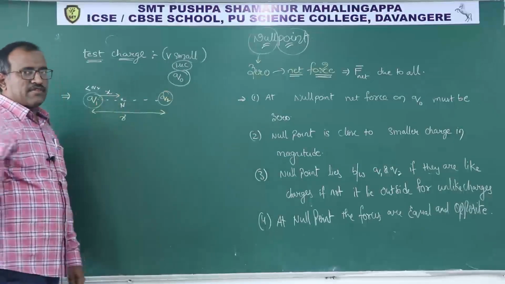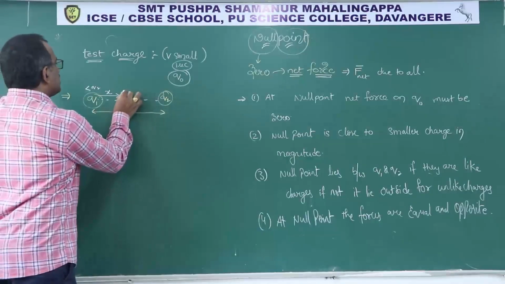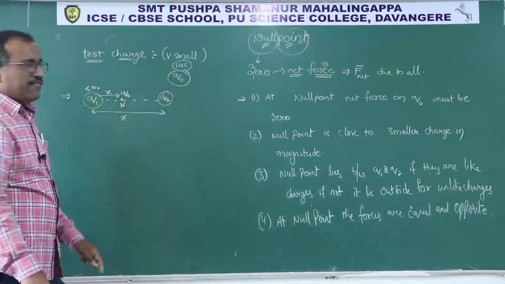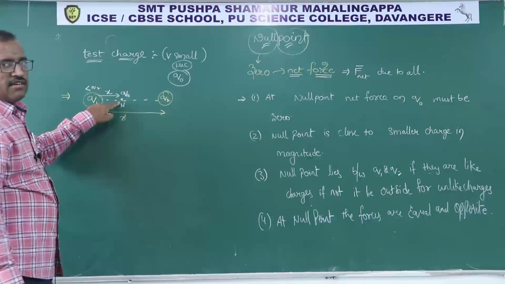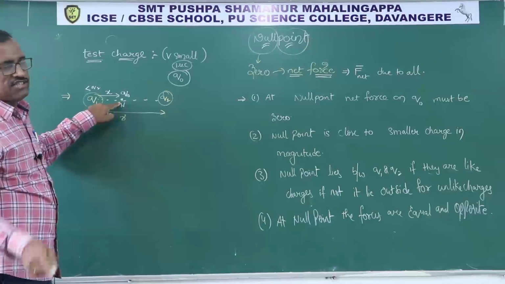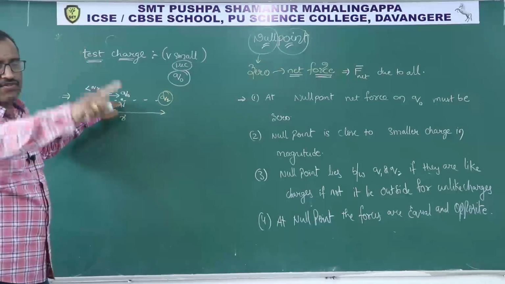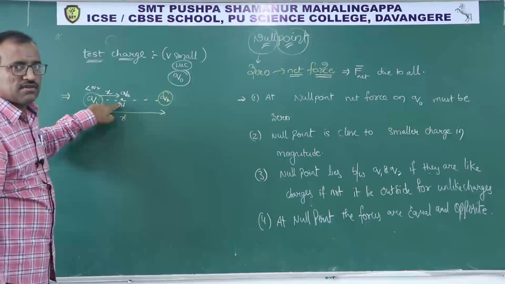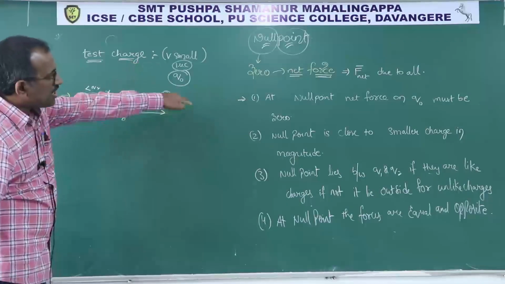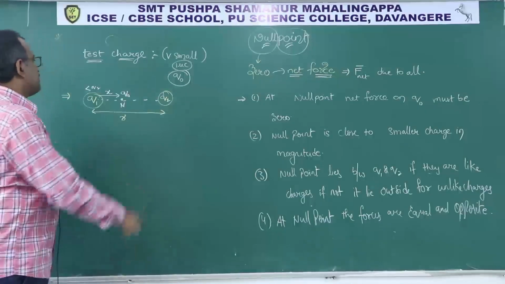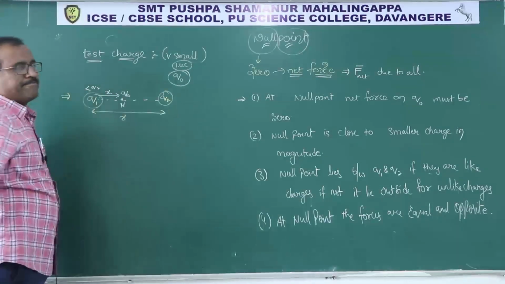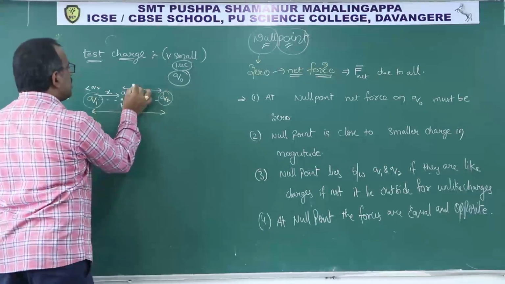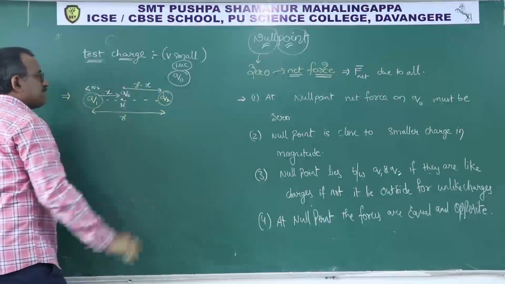Let us assume where the charge Q0 is kept. I said test charge. If I keep this test charge here, it should not have any force. It should stay there only, because net force is 0. Because Newton's first law, if the net force is 0, it will stay at rest. So Q naught N. And obviously here to here the separation will be R minus X.